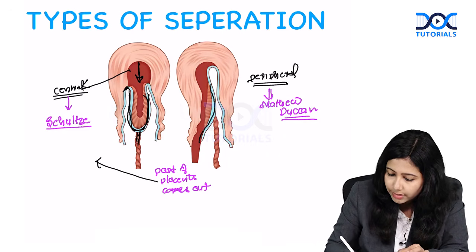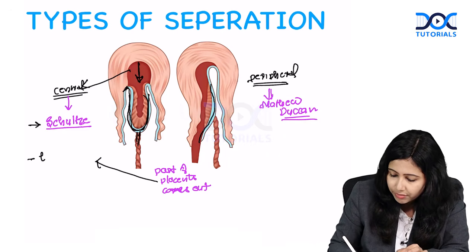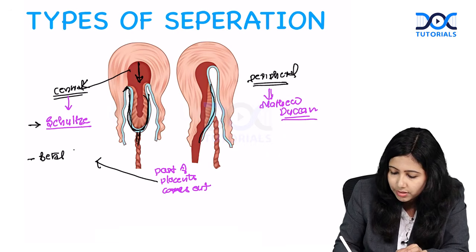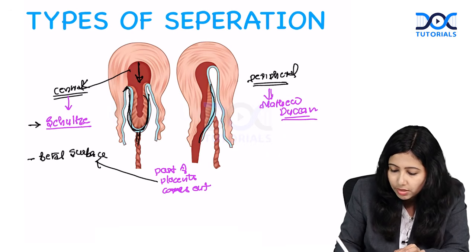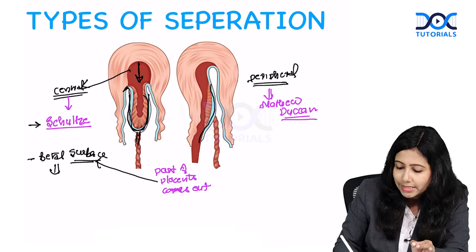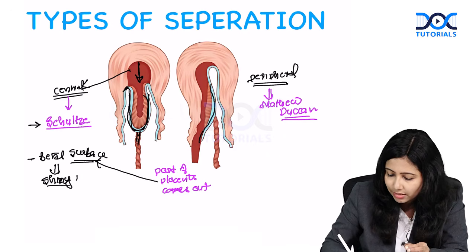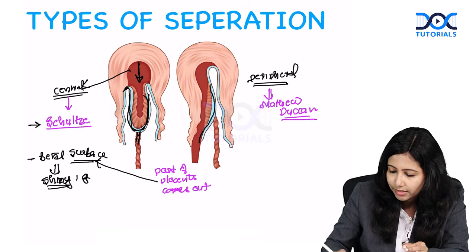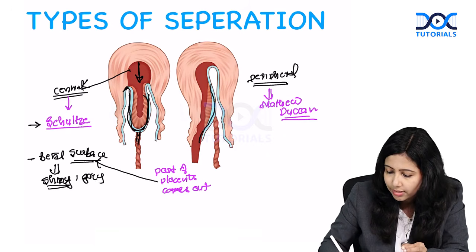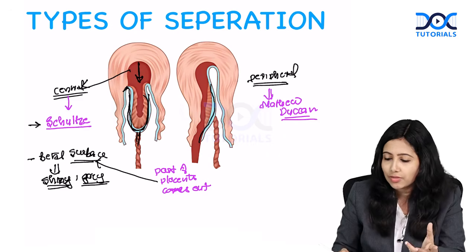So, in this, the fetal surface will be seen first. Fetal surface is usually the shiny grey surface. It is the shiny surface.